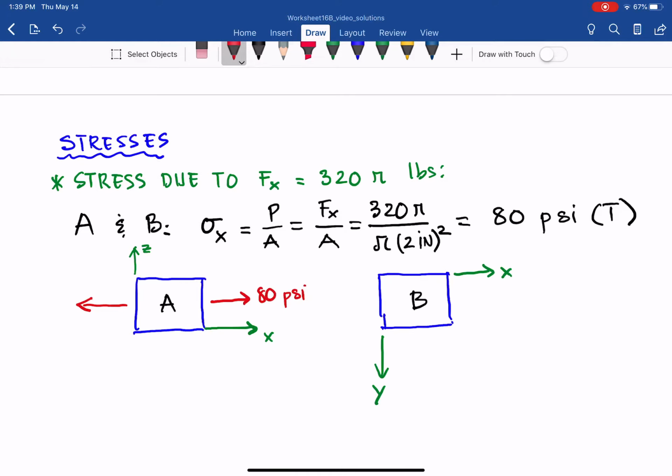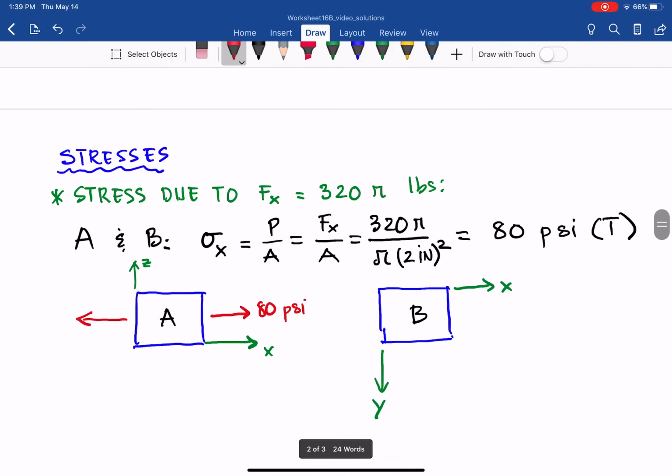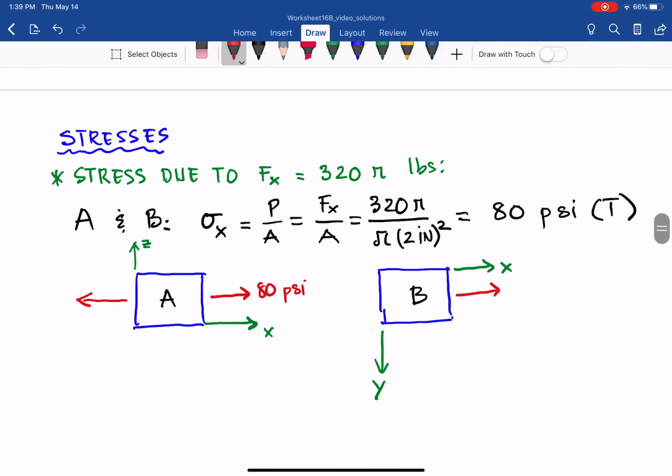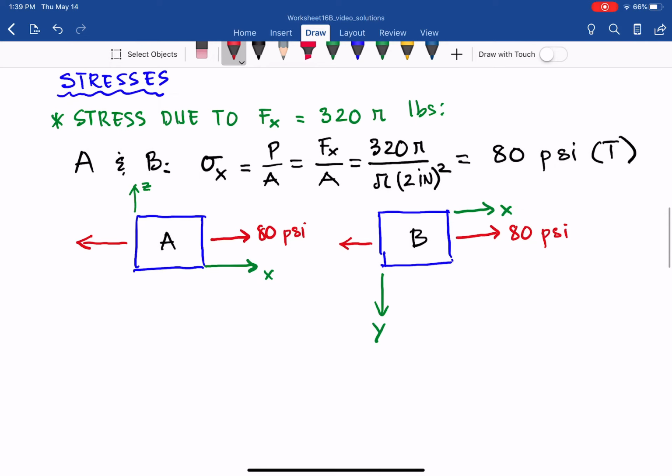Similar for B, I can have that also, 80 psi, the other also 80 psi. So that's the first load, due to Fx.